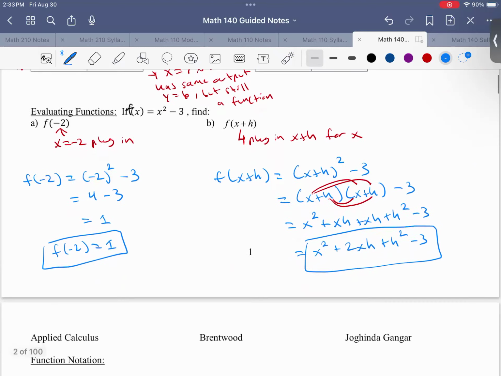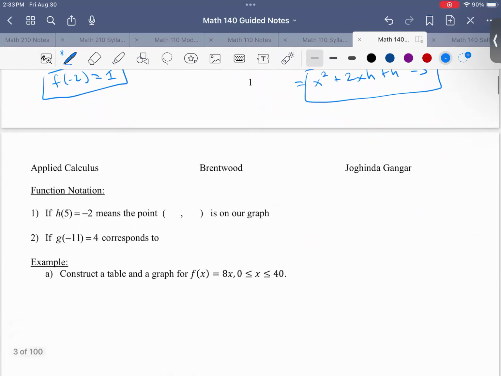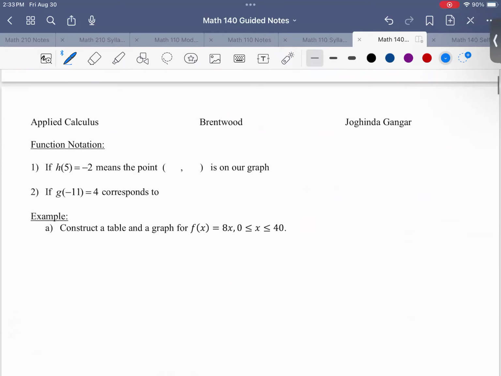Okay, so moving forward to some function notation. If h of 5, that's kind of how we say it, if you recall, equals -2, this means the point (5, -2) is on our graph.